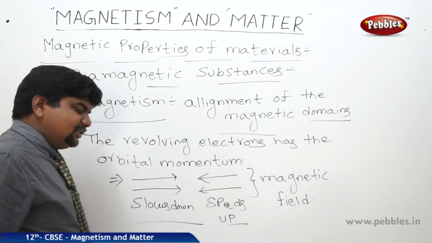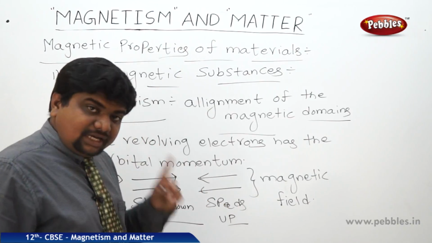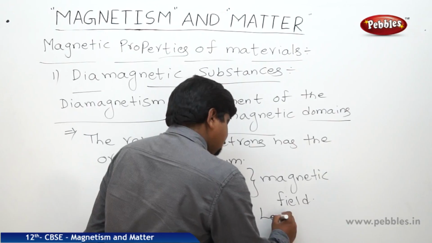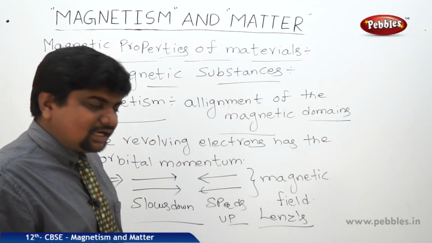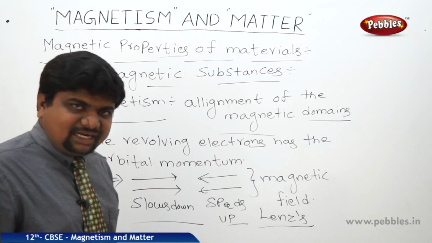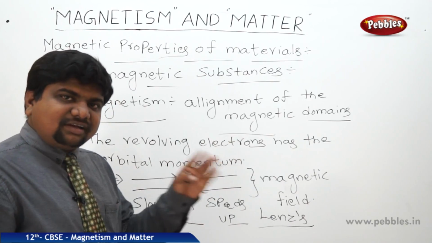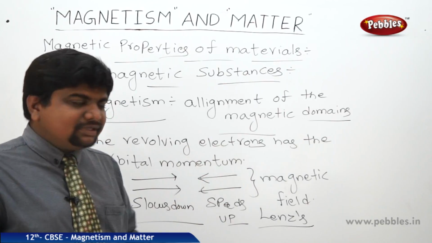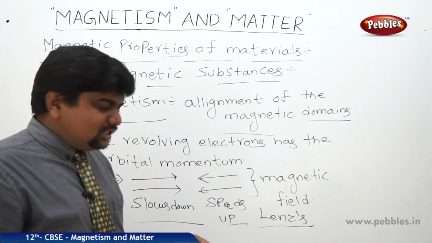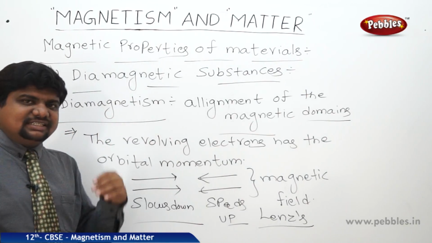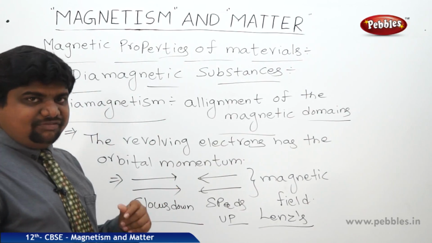We can understand this slowdown and speeding up because of Lenz's law also. In Lenz's law, when we apply a magnetic field near a current carrying conductor or a simply insulated conductor, the motion of the electrons at rest is speeded up, and the motion of the protons or positive charge carriers slows down. That's why there is a possibility for a net change in the magnetic flux and a net change in the electric field also.